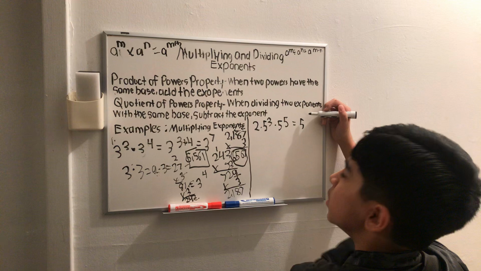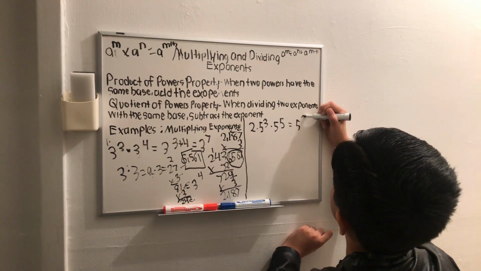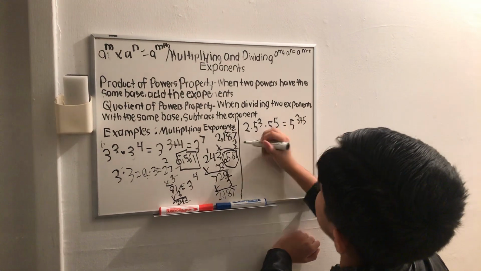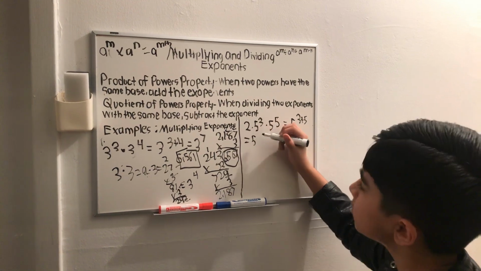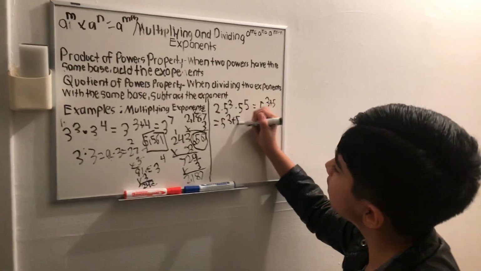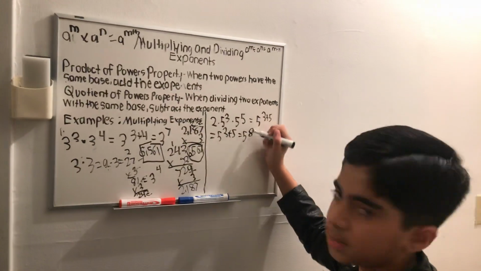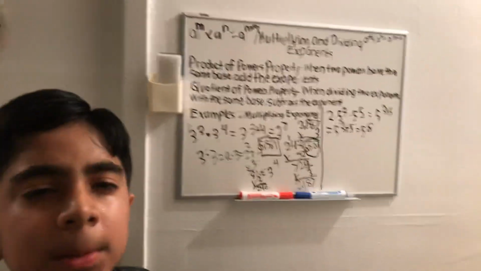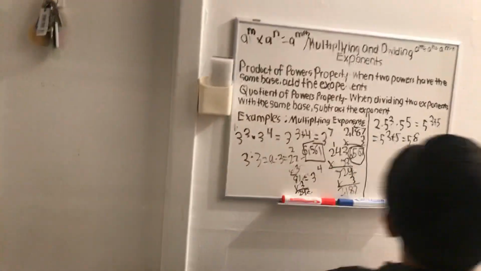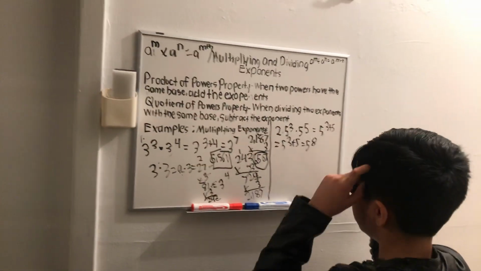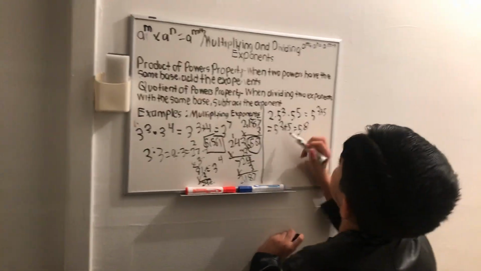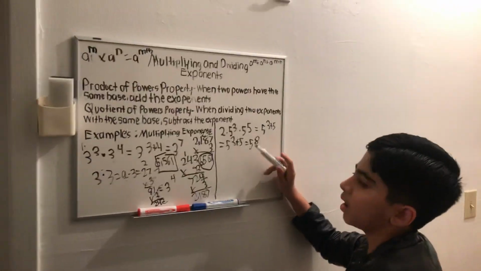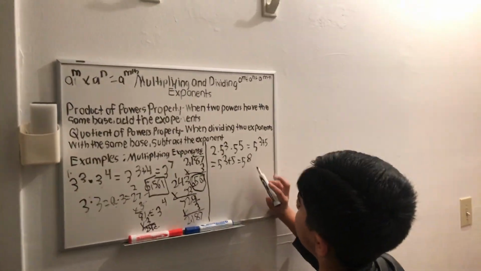So 3 plus 5 equals 8. So 5 to the power 3 plus 5 equals 5 to the power of 8.